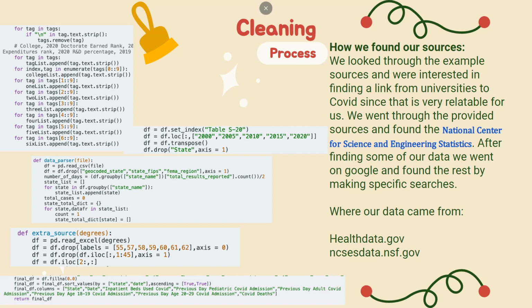And here you can see the cleaning process for what ended up being all of our insights and visualizations: stuff like .fillna, dropping lots of unwanted columns, going through lots and lots of tags, stripping all of them so we could put them back into the data frame, and all that good stuff.